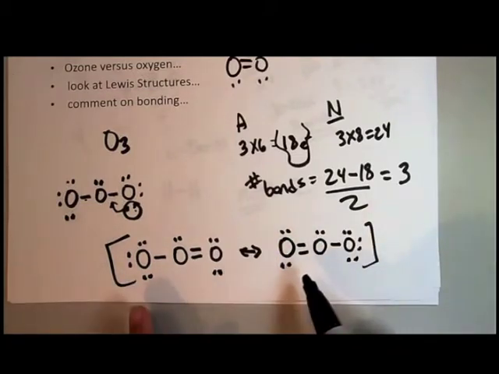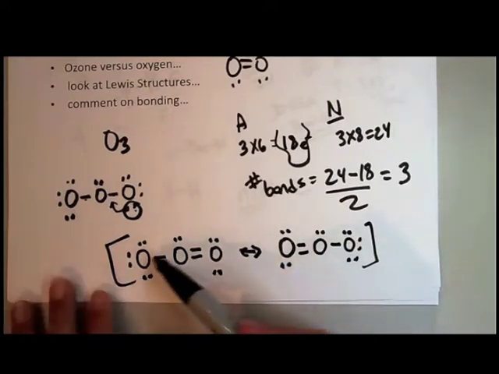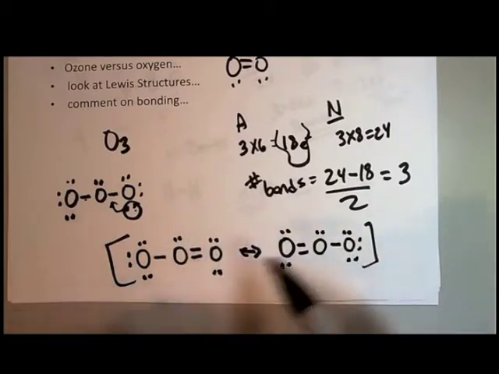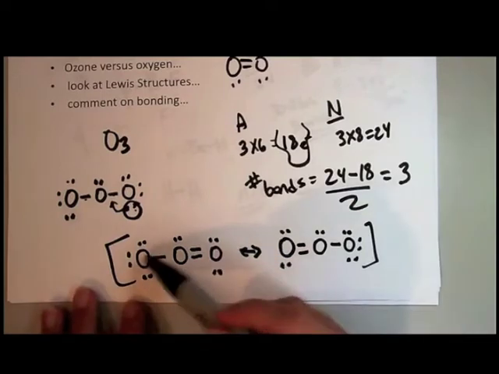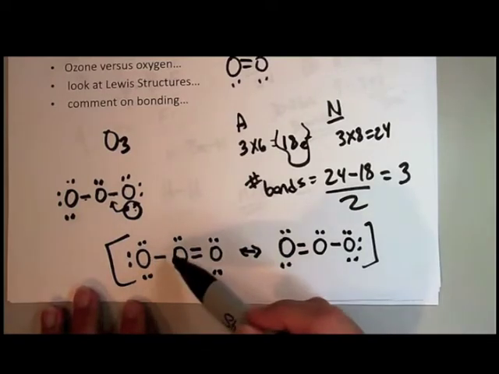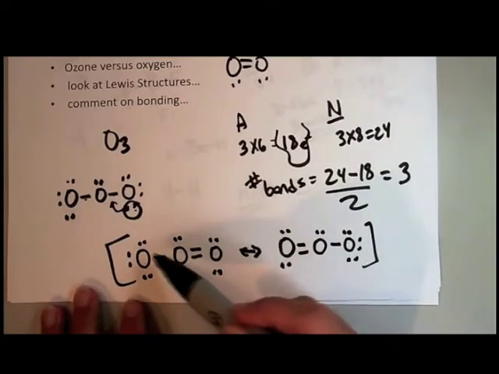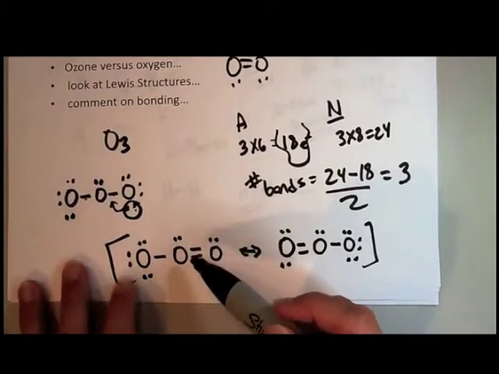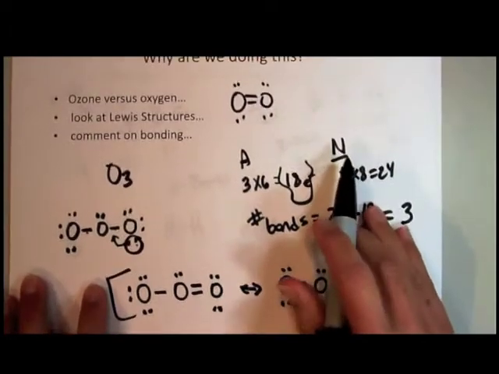And indeed, when the chemists take a close look at the ozone, this bond is not a single bond, and this bond is not a double bond, but really it's this case of resonance where it's somewhere in between. Each O-O bond is about 1.5 bond strengths. It's not a single bond, it's not a double bond, it's in between. So it's not the same bond strength.